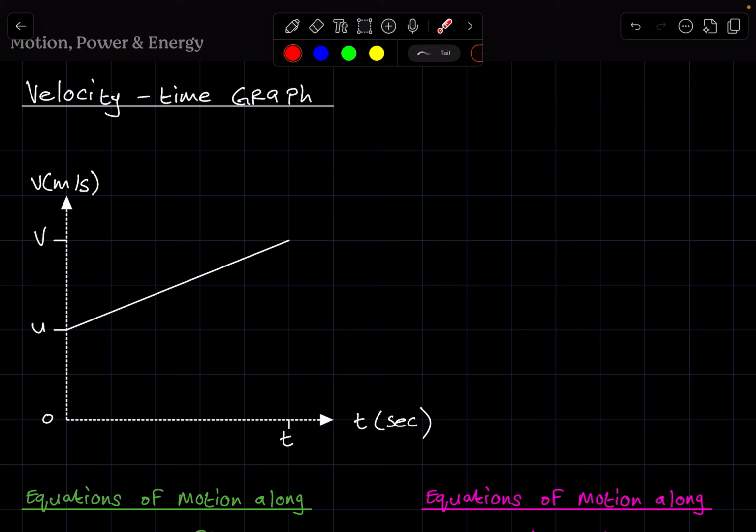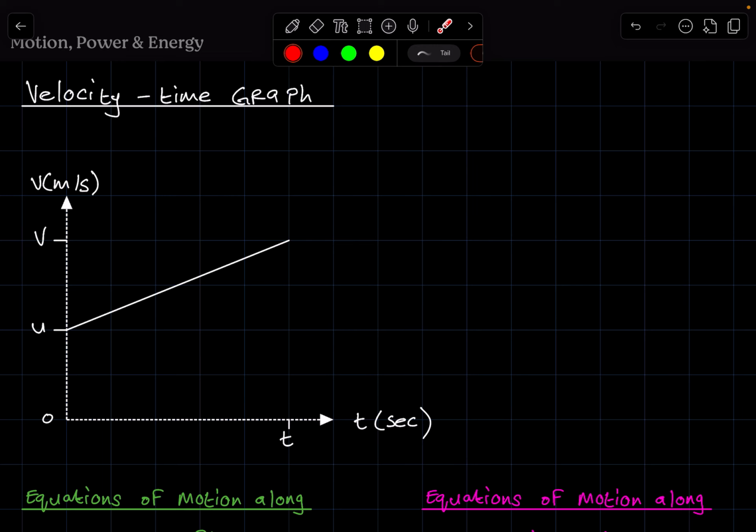This particular velocity time graph starts at this point, which I've labeled as u, which stands for initial velocity, and the object we're looking at accelerates up to this point, where we have v, which is our final velocity. So as far as denotations go, v represents final velocity and u represents initial velocity.